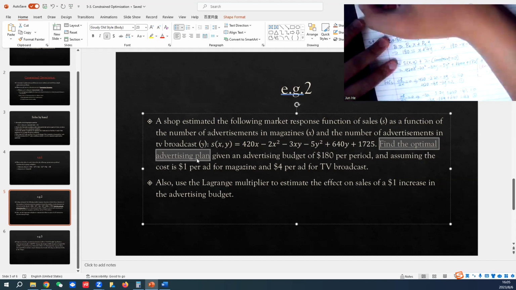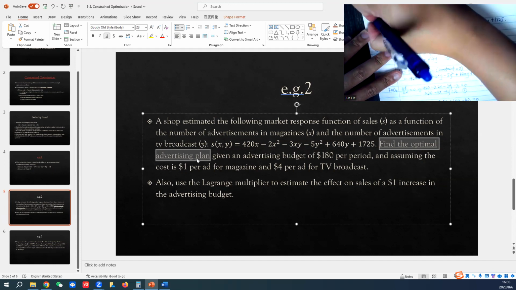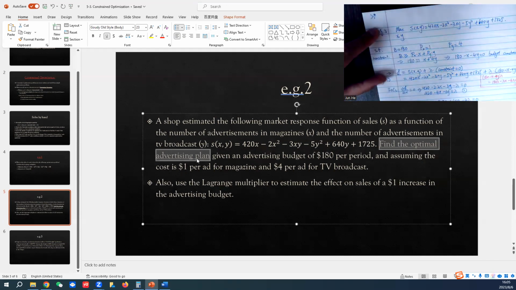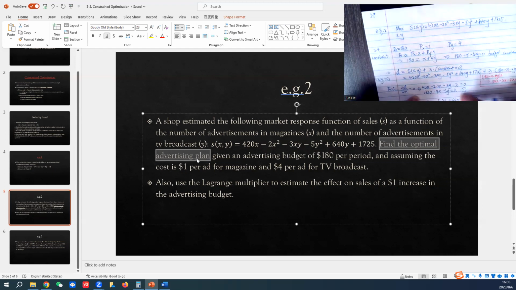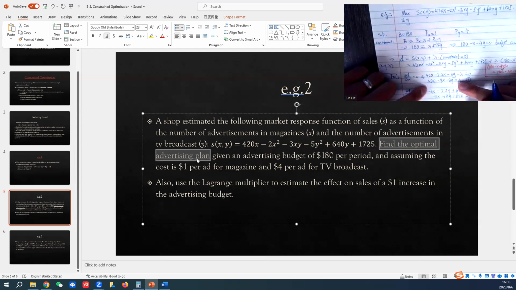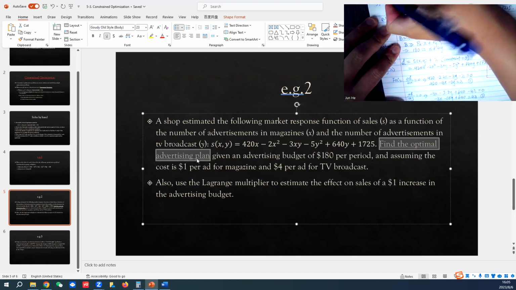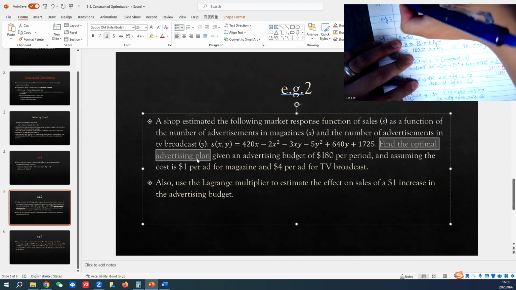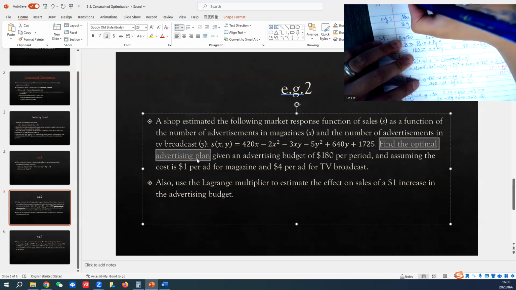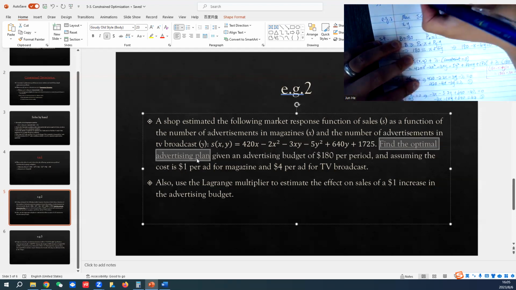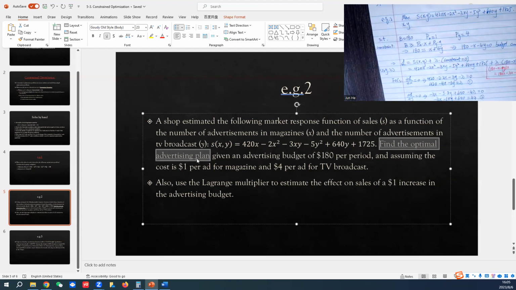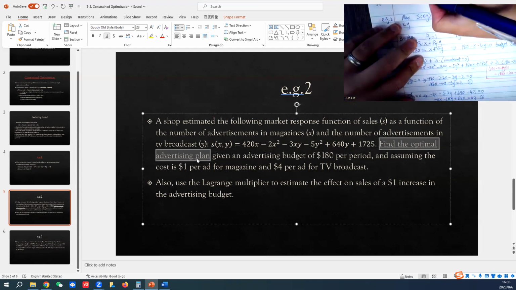So that is basically asking us to calculate lambda star, which comes from the first equation, right? Lambda equals 420 minus 4x, which is 76, minus 3y, which is 26. That should equal 38.